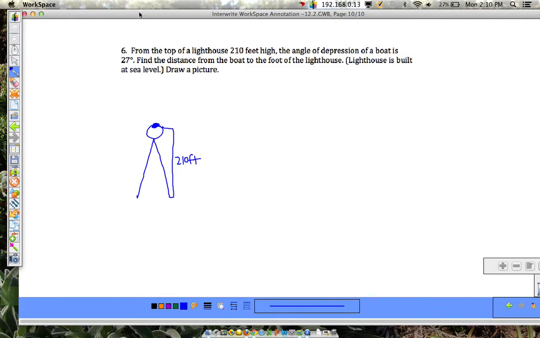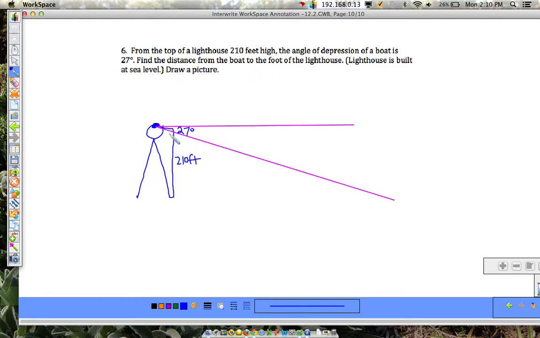So from that horizontal, here's my horizontal. Your eyeball, you're looking down at an angle of 27 degrees. We'll just extend that. So this is 27 degrees. Find the distance from the boat to the foot of the lighthouse.